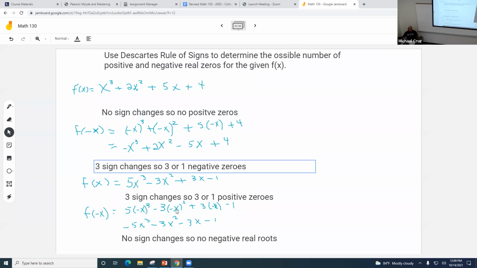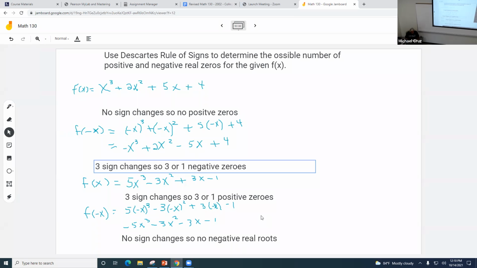The negative squared is going to be a positive x squared, so that negative stays negative. This one is negative x times 3, that makes this a negative 3x, and then the negative one isn't affected. So all of those signs are the same, so there are no sign changes. That means we've got no negative real roots.